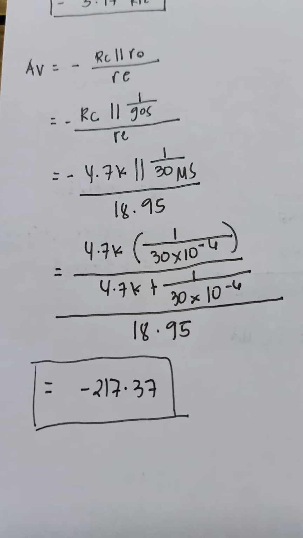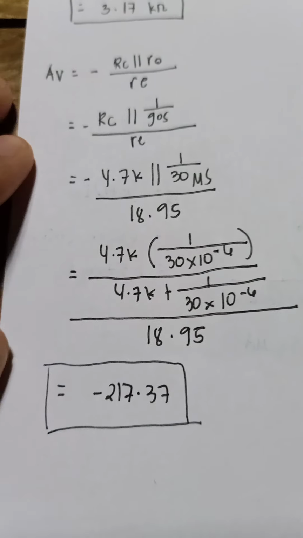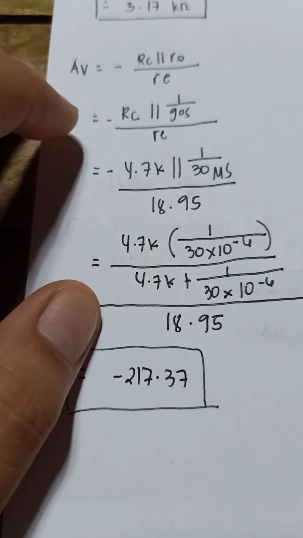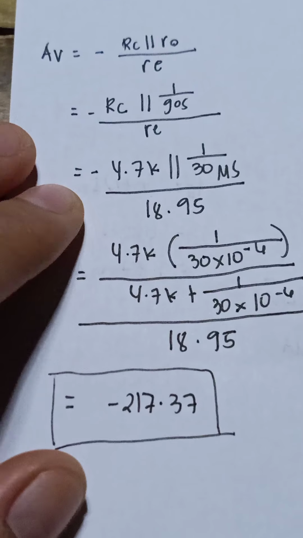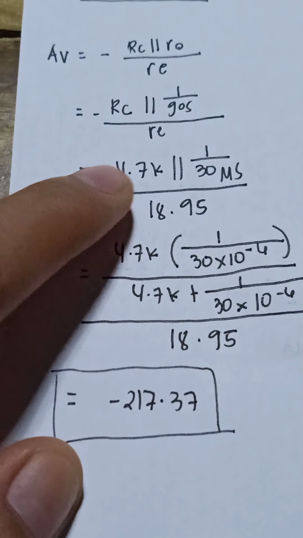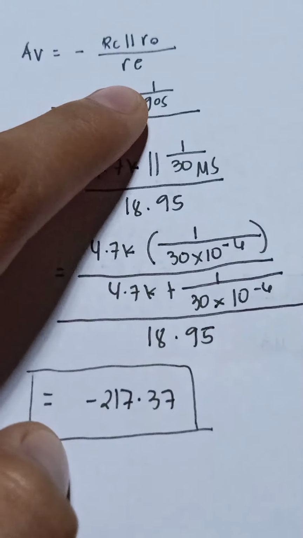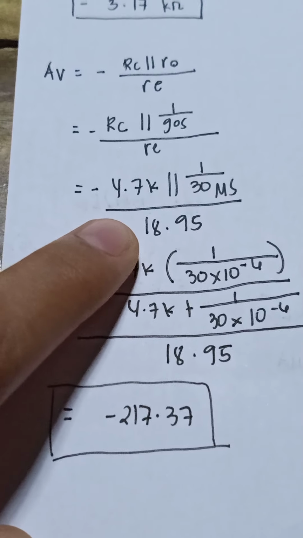To get the value for AV, we'll use the formula negative RC parallel to RO over RE. So we have negative 4.7 k parallel to 1 over 30 microsiemens, which is the value for 1 over gos, over 18.95.